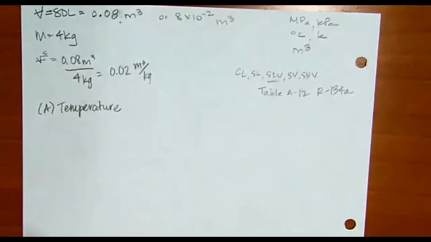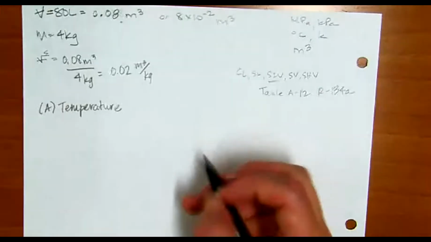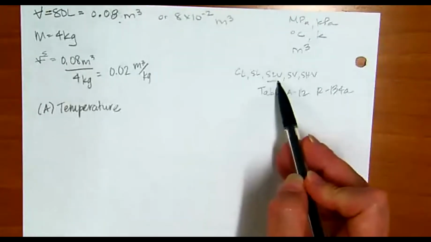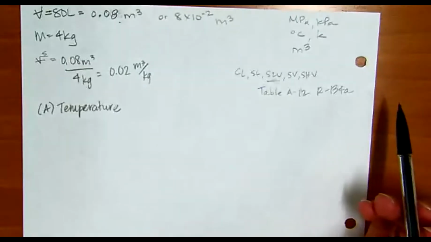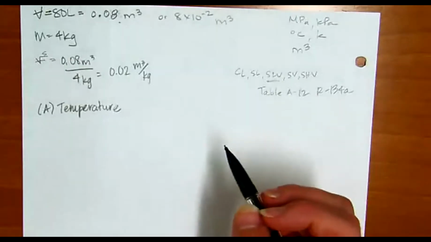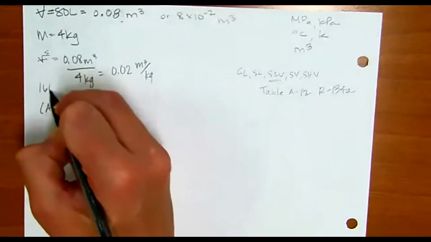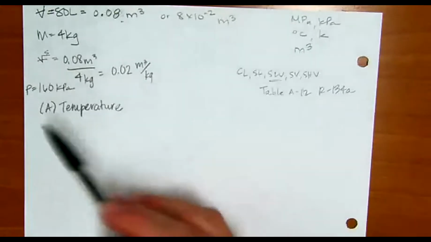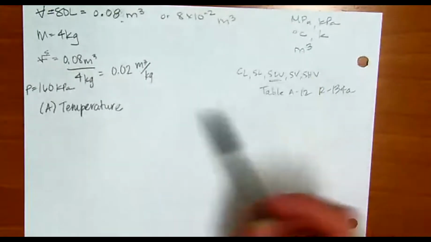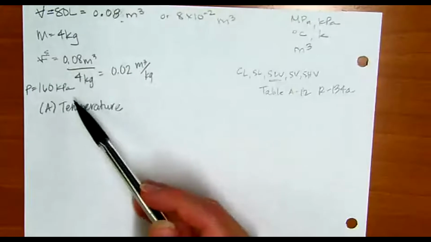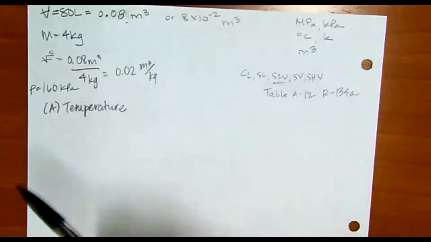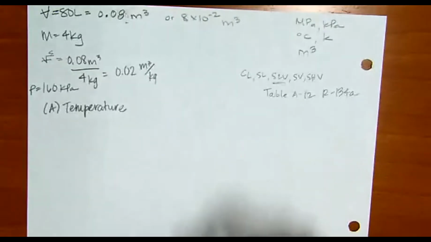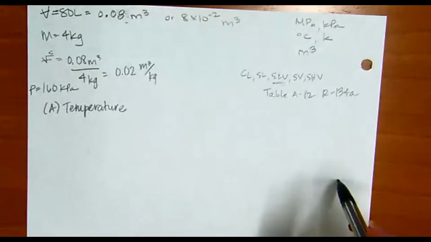I know several people use the ideal gas law because it's what we've done before, but it's even easier, luckily, because we know what table we're going to use and we know a pressure. We're told the pressure is 160 kilopascal. If we know what table we're going to use and we have pressure or temperature, we can find the line that gives us things like specific volume, enthalpy, entropy, internal energy.